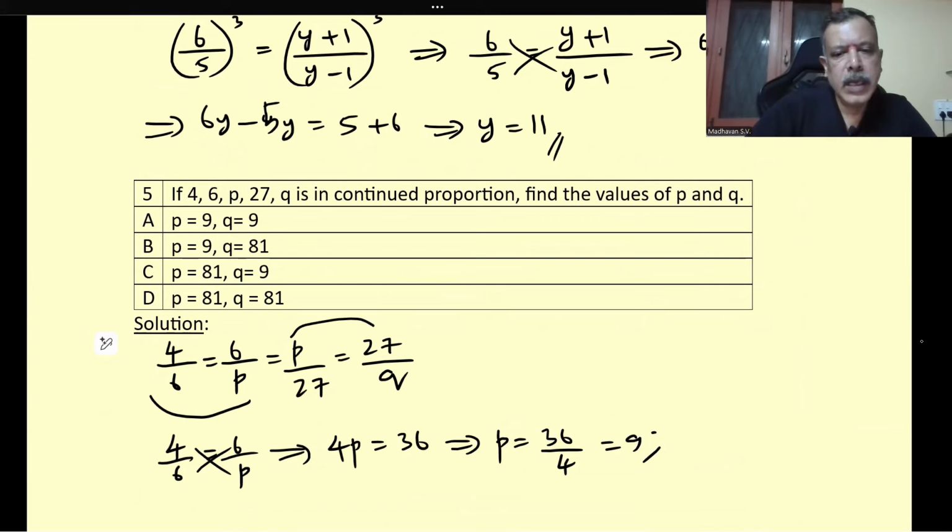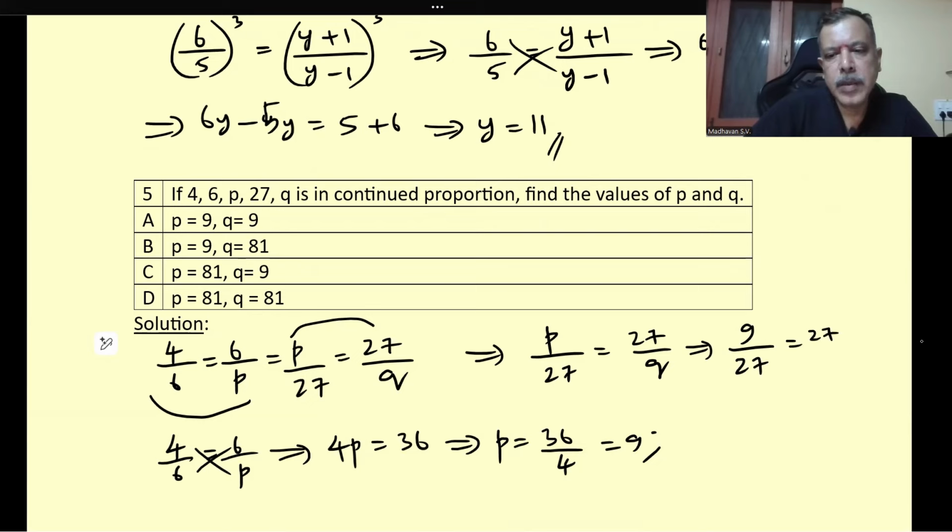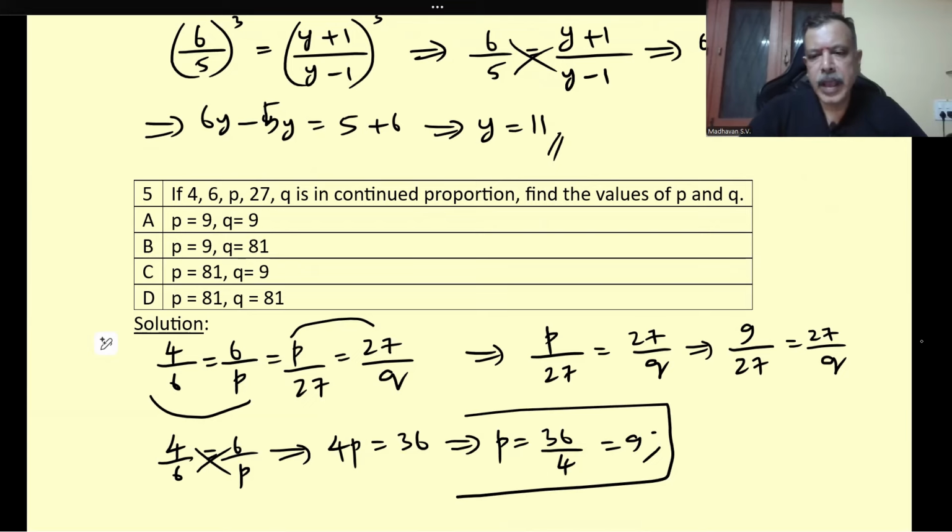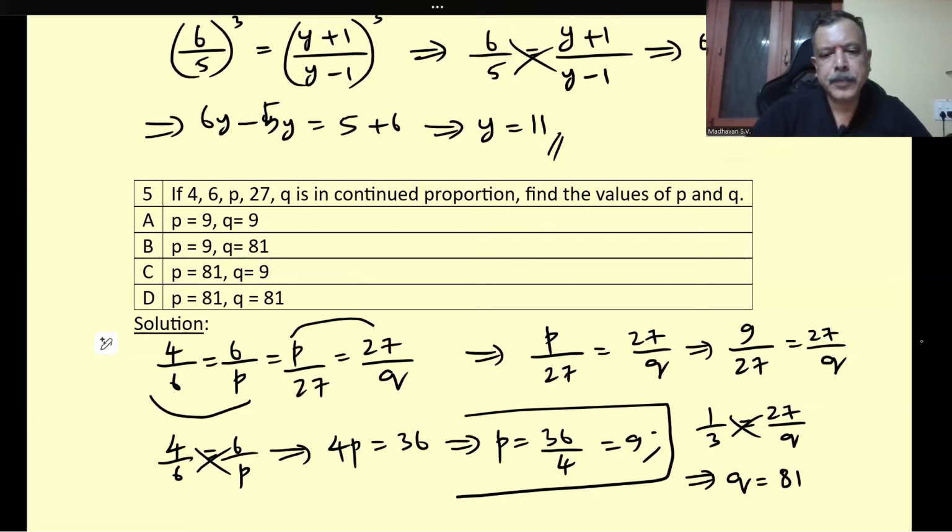Now, considering these two, we get P by 27 is equal to 27 by Q. We know P, we just got 9 by 27 equal to 27 by Q. Now this can be simplified as 1 by 3 equal to 27 by Q. Now cross multiplying, we get Q as 81.